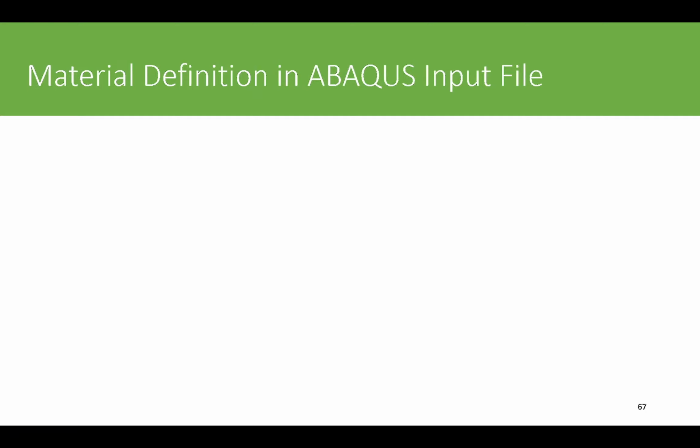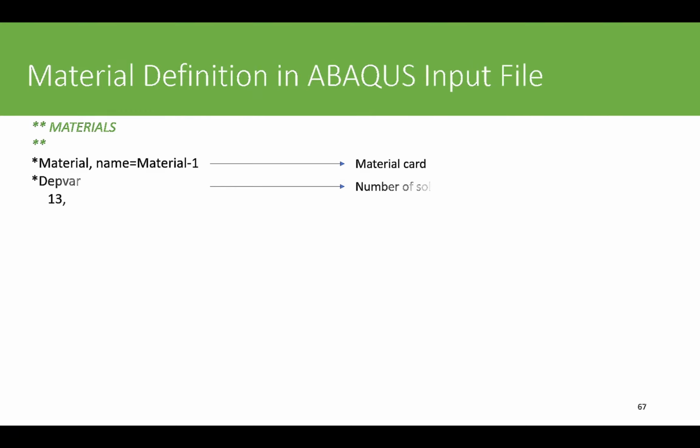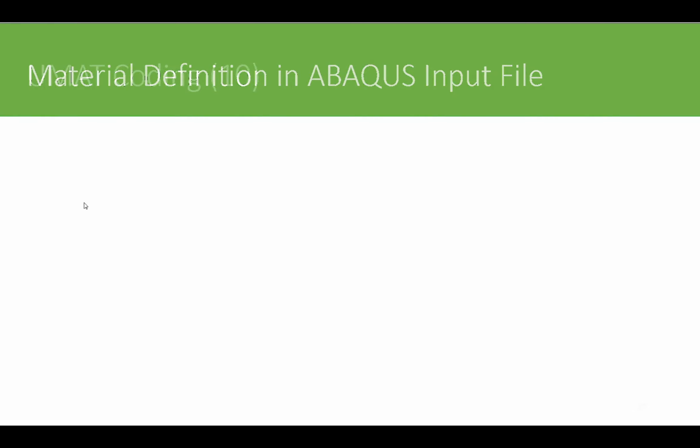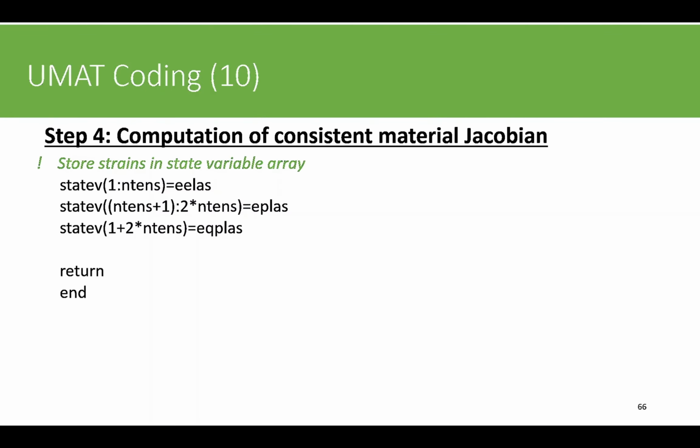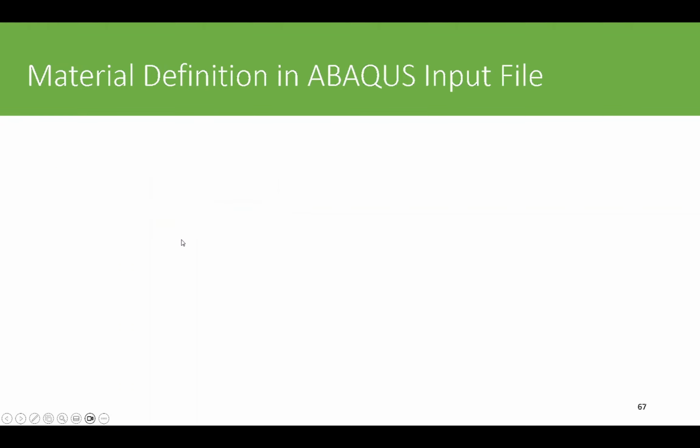Now, what to do in the Abaqus input file or Abaqus CAE, and you need to give a name of the material. Depvar, the number of state variables, in this case is 13, as you remember, so you have to give 13, and this is the total number of solution dependent variables, and these are again coming from this. So you remember 6 plus 6 plus 1, which is 13 state variables.